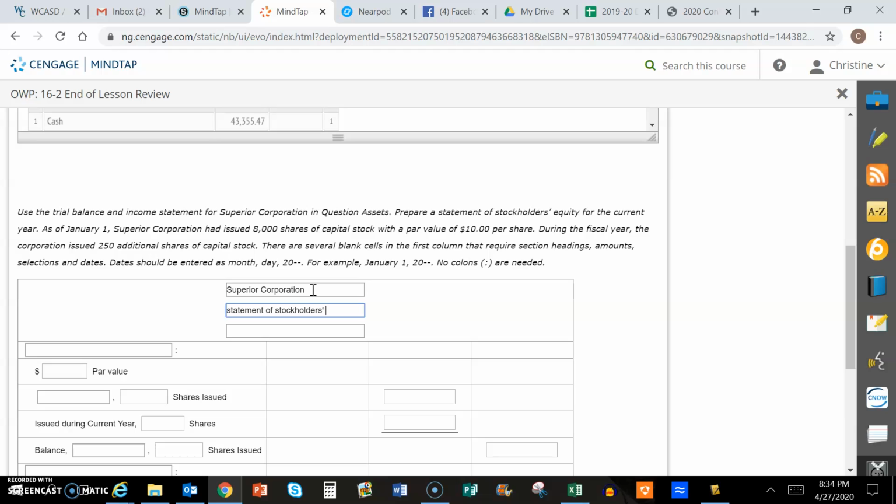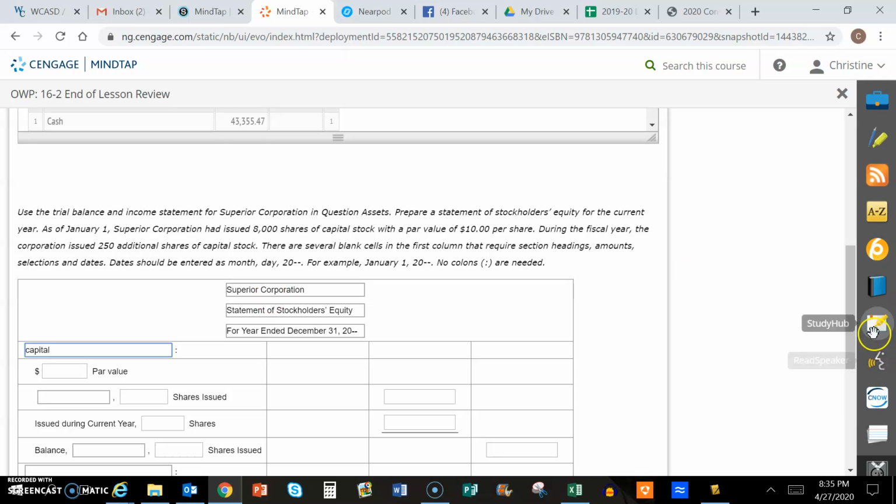And when? It's for a period of time, so it's going to be for the year ending. This one is going to be all about the capital stock.